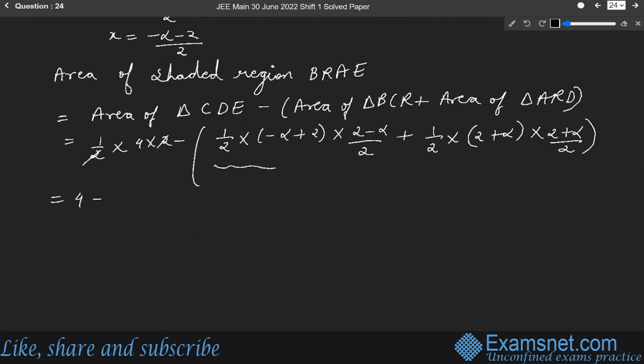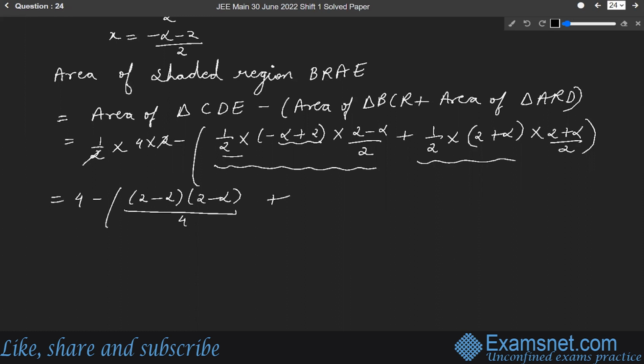Now, if we look at this part, the denominator will be what? Denominator will be 2 into 2, 4. Okay. Now, let us do one thing. Let us take minus common from here. So it will be 2 minus alpha and this will be also 2 minus alpha. So we have 2 minus alpha into 2 minus alpha divided by 2 into 2 is 4 plus.